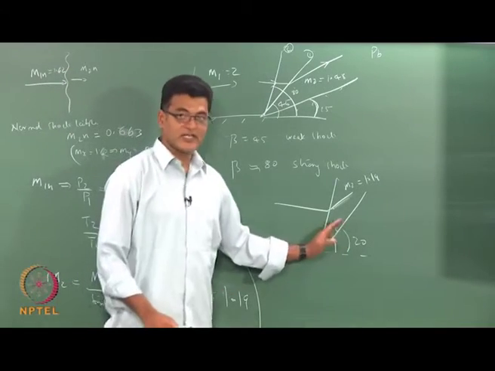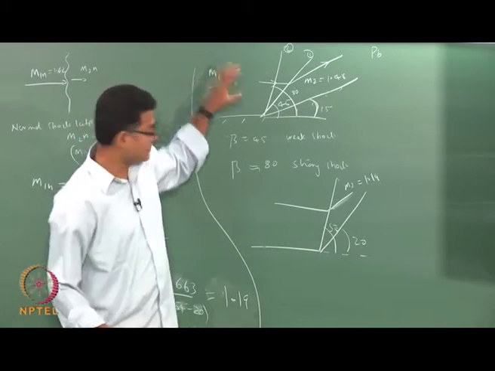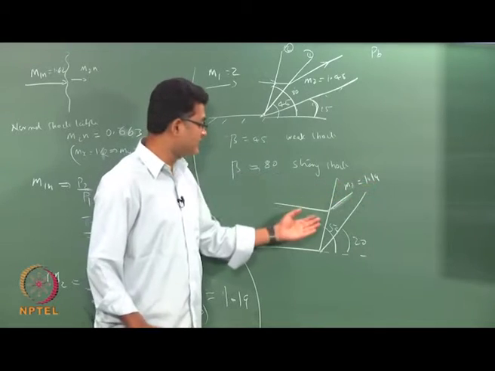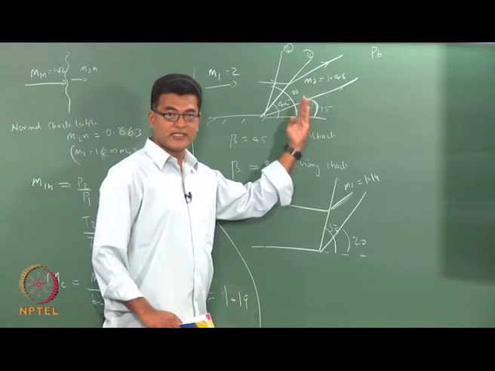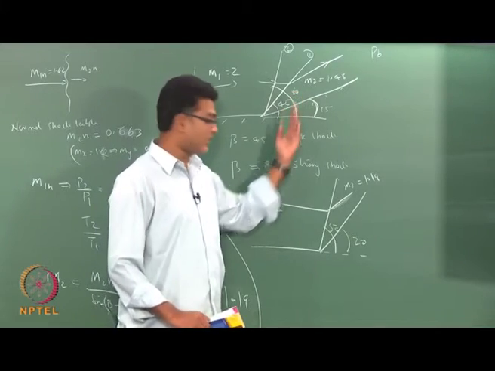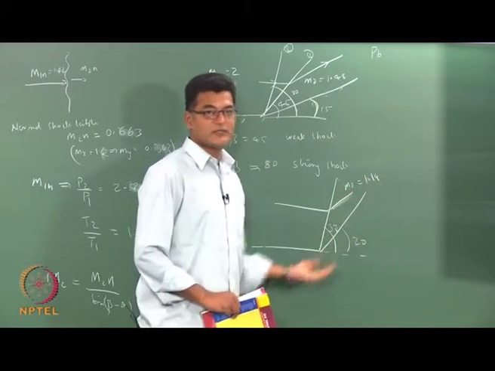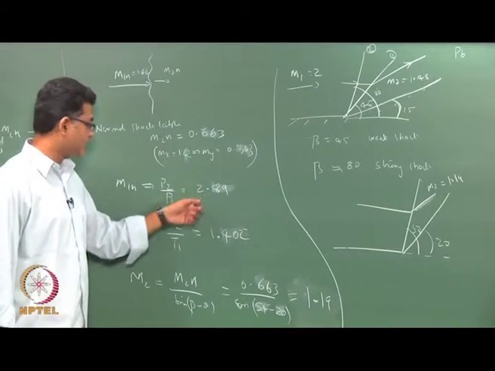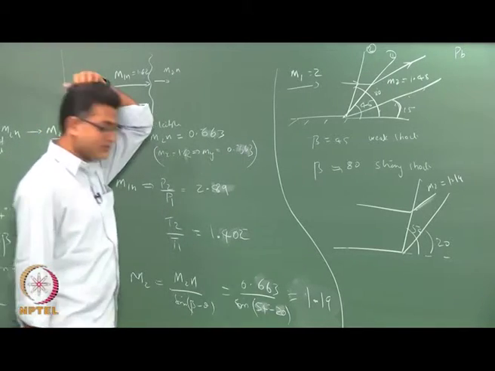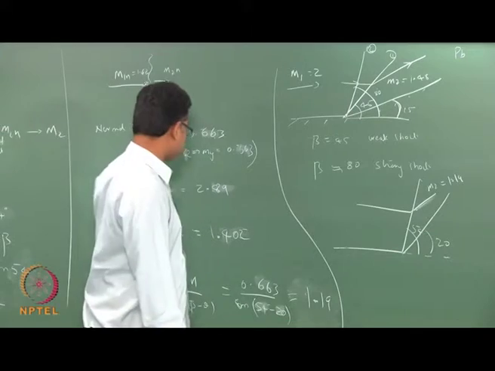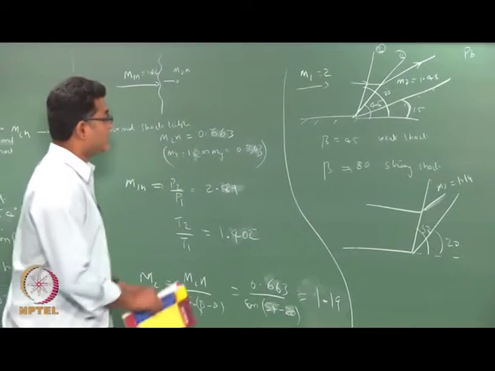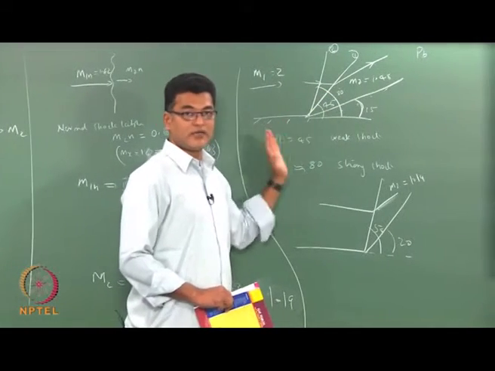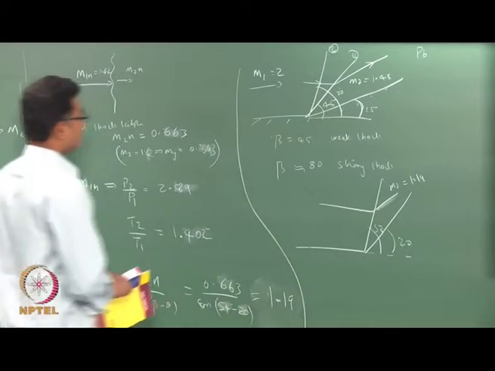So, when I increase my deflection angle for the same Mach number, the Mach number after the deflection is going to be less, okay, which means that if I increase my theta, I am going to get stronger and stronger shock, so that I am going to get a Mach number which is smaller and smaller. And the same way if you look at your pressure ratio, you would realize that this is more than what was previously obtained. Okay. So, if you increase your deflection angle, you are going to get a stronger and stronger shock. So, that is one message from this particular set of problems we do.